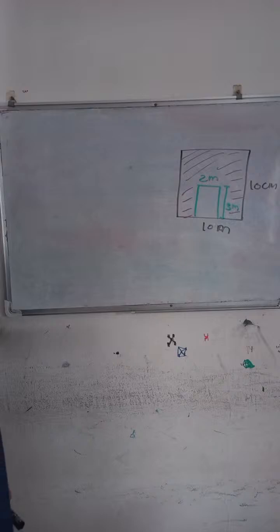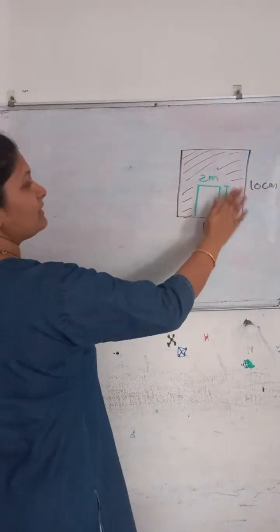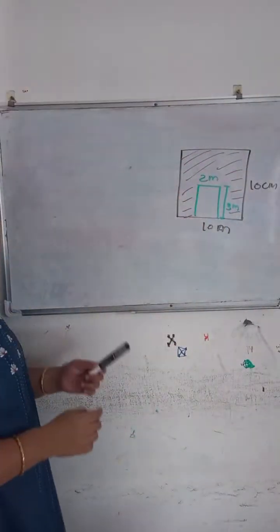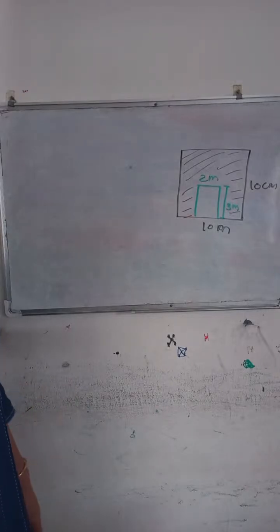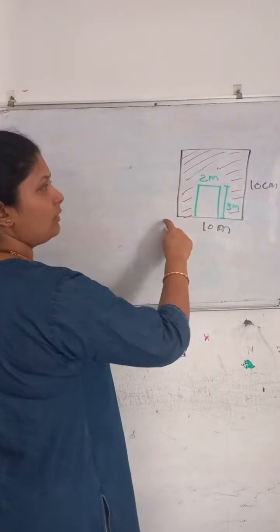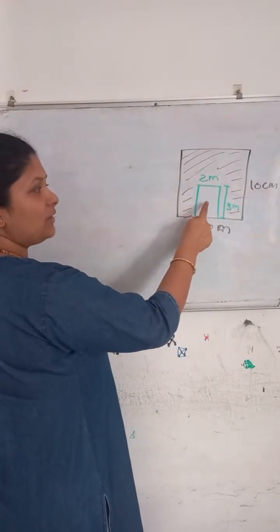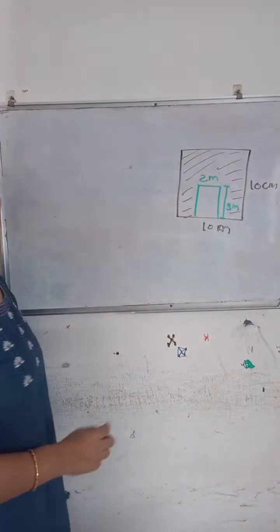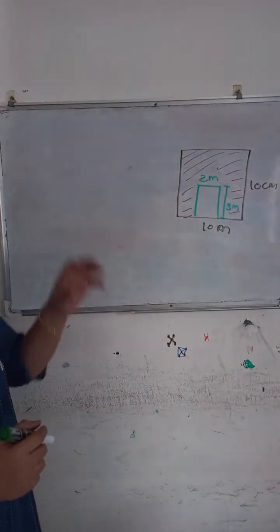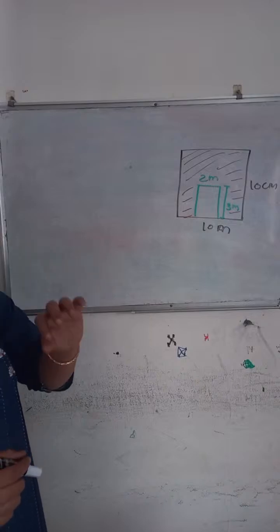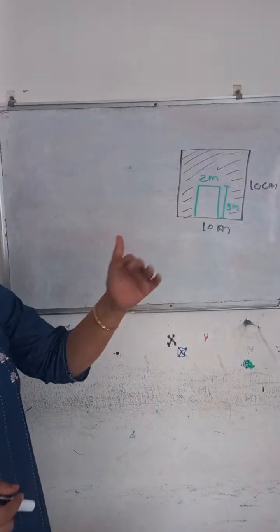I want to find out the shaded part which I colored with red. So what we have to do here? First calculate the area of the wall, then calculate the area of the door and subtract the door from the area of the wall. Then whatever answer we get, we can multiply with the given cost.